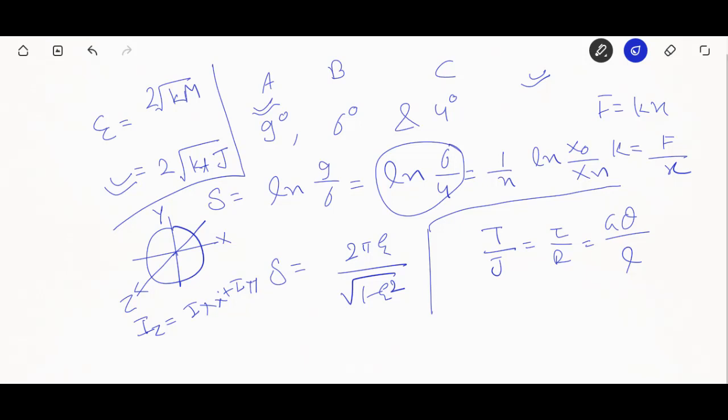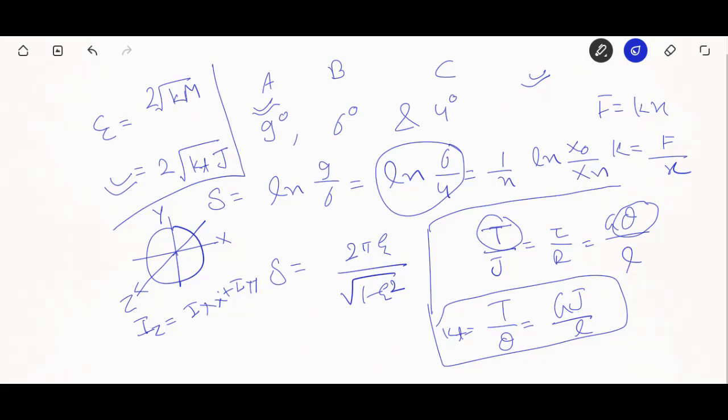Now, for this case, the load is in the form of torque, and the displacement or amplitude we are getting in the form of this angle theta, right? And now the ratio of T by theta will represent this kT, right? So here we get GJ divided by L as our formula, right? So this is the case where we can calculate torsional stiffness from this torsion equation.